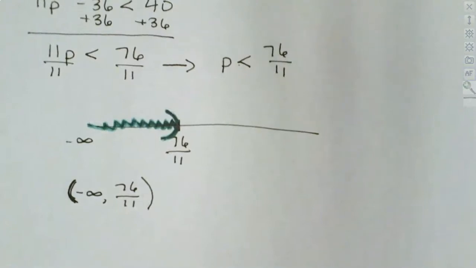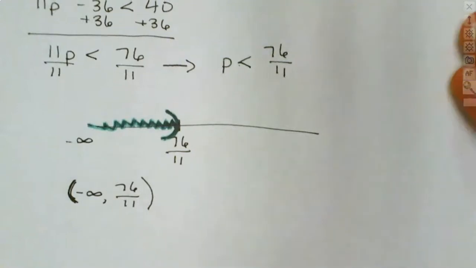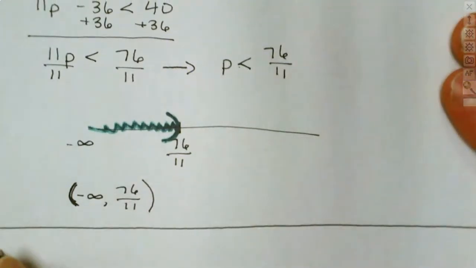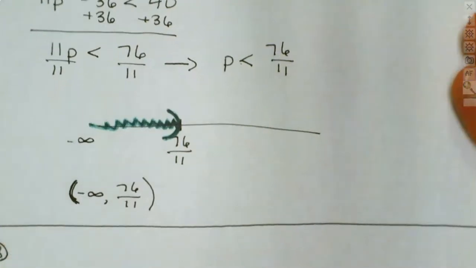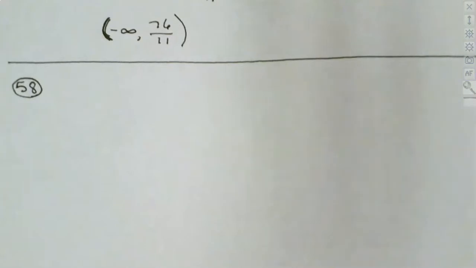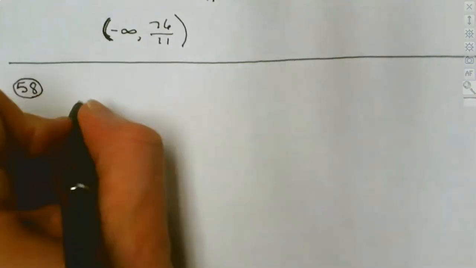Let's try a double inequality, or sometimes the textbook calls it a 3-part inequality. Question 58 is what we're going to look at next here. Let's make sure I write it down correctly.